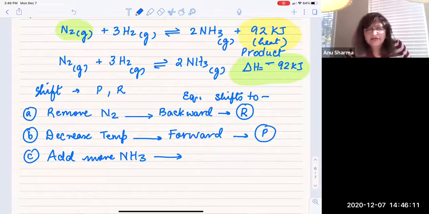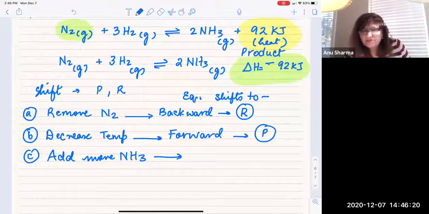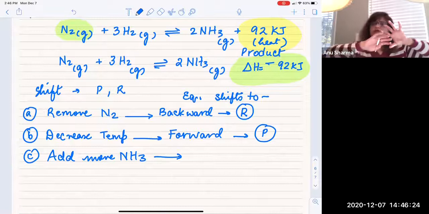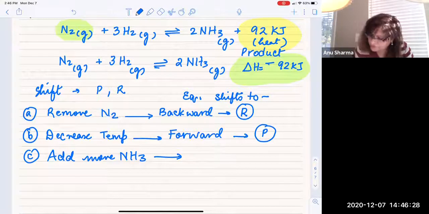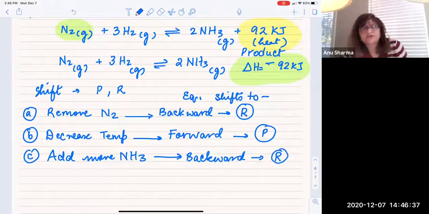Large excess of ammonia. What about the rest of the students? I see a response from Joshua. It's moving backwards. Yeah, large excess of ammonia. So the system is going to move in the direction opposite of where you're applying the change. So it moves backward. In other words, it's now going to produce lots of reactants, our N2 and H2 will be produced.